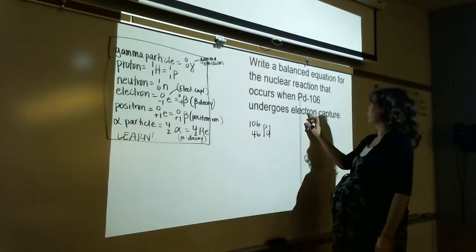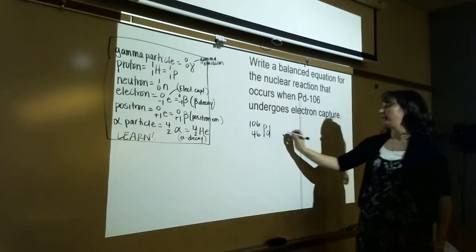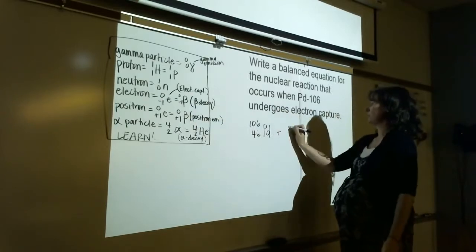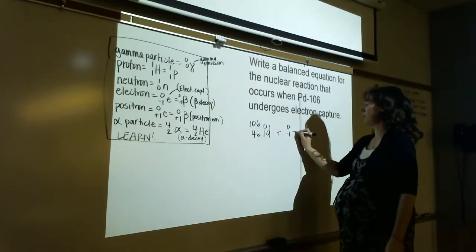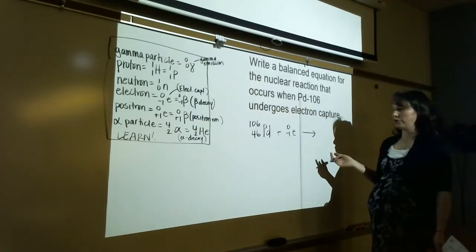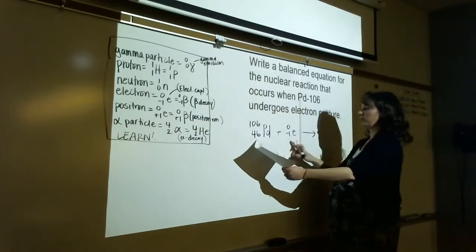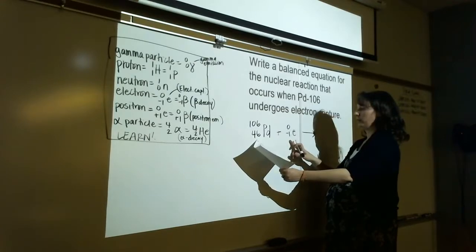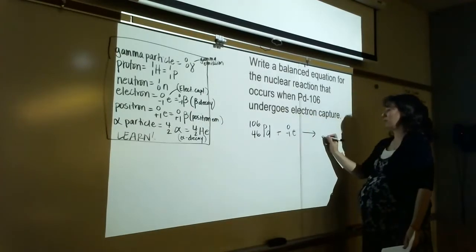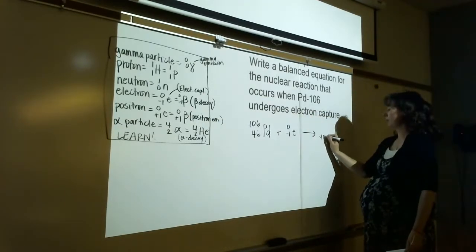All right, it's undergoing electron capture, so that means that it is grabbing an electron. So 0, -1, e. Okay, we've got to follow the law of conservation of mass. Right, 46 plus -1. So what does that mean? 46, -1. So this needs to be 45. Right?